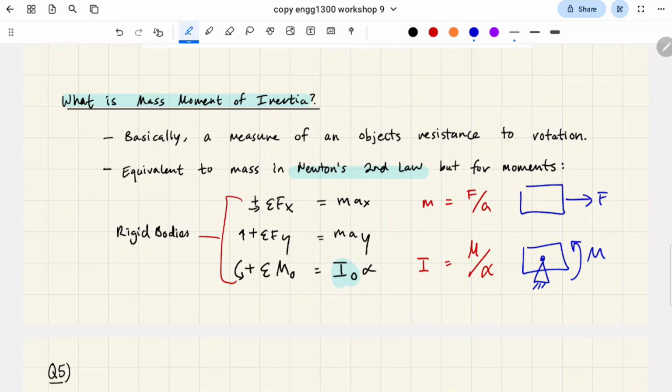It's how much angular acceleration there will be. If I increase the resistance to rotation, I, we're going to have less angular acceleration, right? And if I decrease it, we're going to have more angular acceleration. That's kind of how it works.